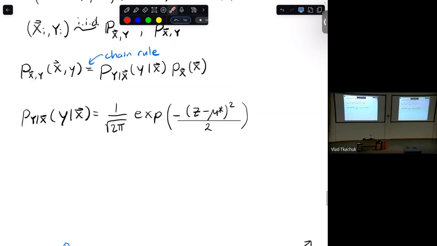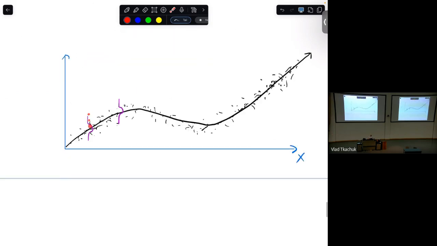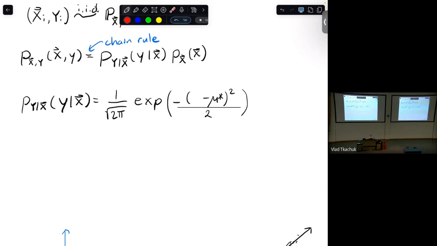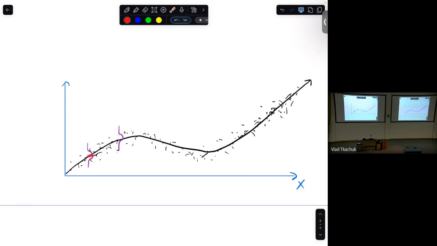And there are some things we're going to have to slightly change. Okay, so the first thing is that we fixed x, so the points are just the values of y. So the z is changing to y now. And for every single x, what's going to change is the mean. The mean of the data generating distribution is going to change, and it's going to depend on x.